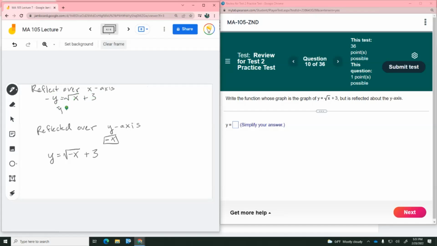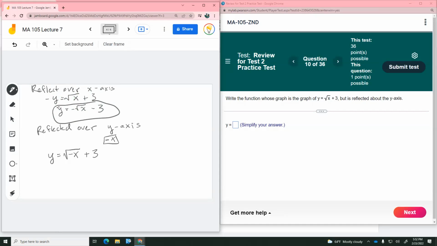You know, y equals negative root x minus 3. Note, that's very important. If it's reflecting over the y, put a negative on the x. If it's reflecting over the x, put a negative on the y. Okay? Also, order does matter.